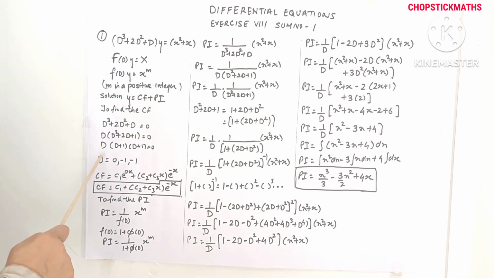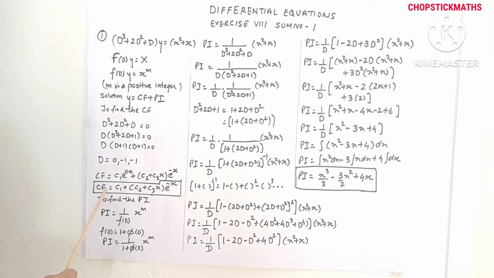We can see that the roots are rational and the root minus 1 is repeated 2 times and the root 0 is a non-repeated root. So the complementary function can be written as c1 into e raised to 0x plus (c2 plus c3x) into e raised to minus x. So this is the complementary function.